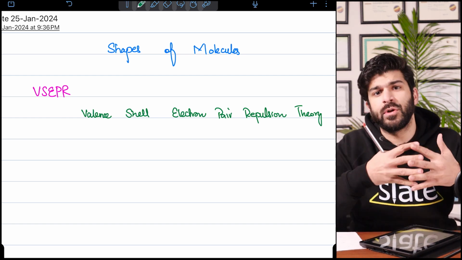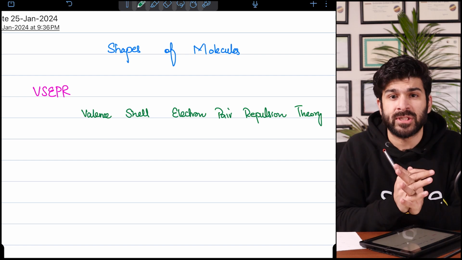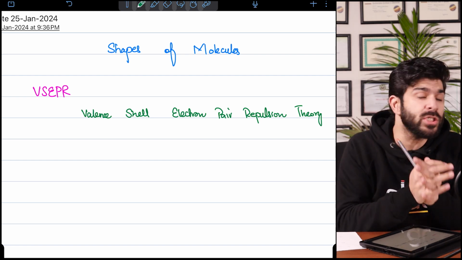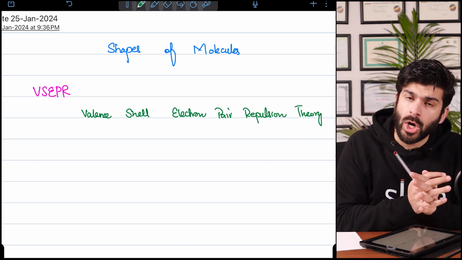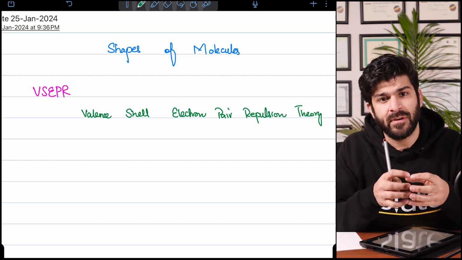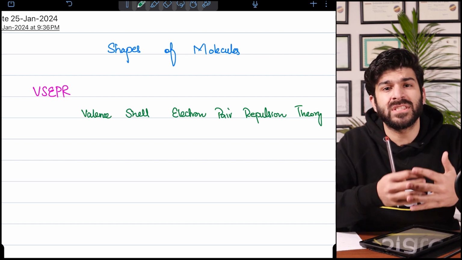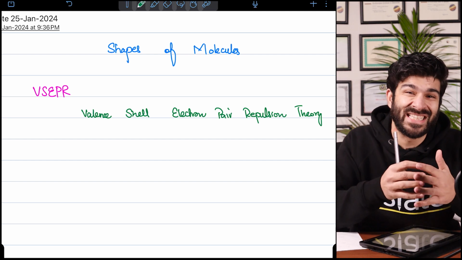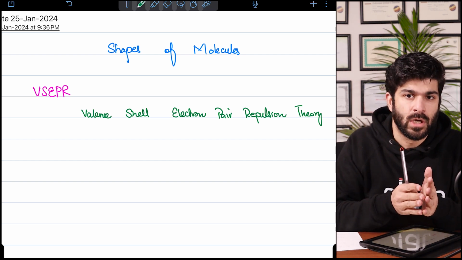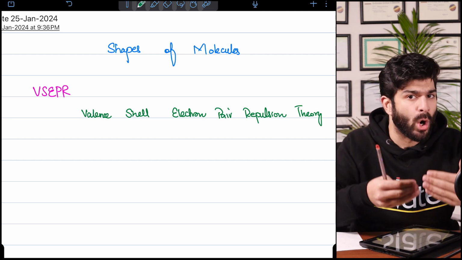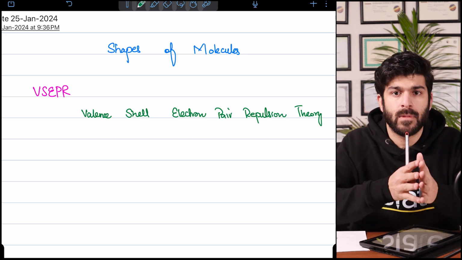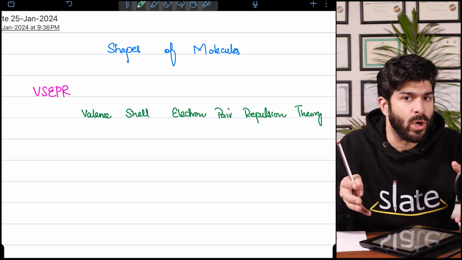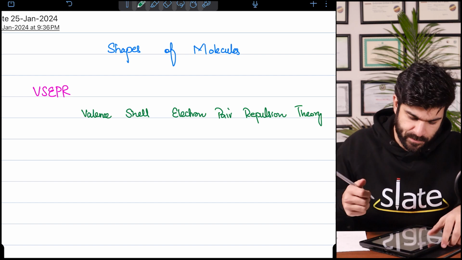In this theory, we study how the presence of lone pairs, and not just lone pairs, even the bond pairs, have a special repulsive effect on the bonds and change the angles. So we would be studying the effect of different bond pairs and lone pairs, their role in the shape of molecules.